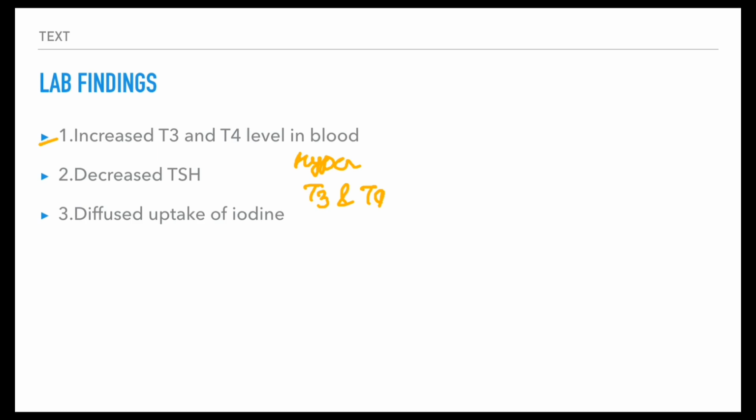So whether it is a normal case of hyperthyroidism or Graves' disease, there must be elevated levels of T3 and T4 in blood. Now, what is different here is decreased TSH level. Decreased TSH level will tell you that it is a case of Graves' disease. Also, as we have already discussed, in Graves' disease radioactive iodine uptake will be of diffuse type.